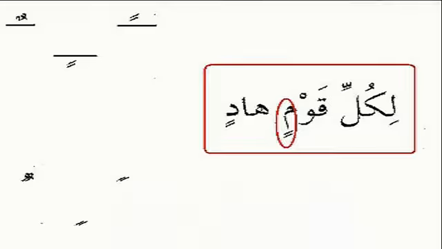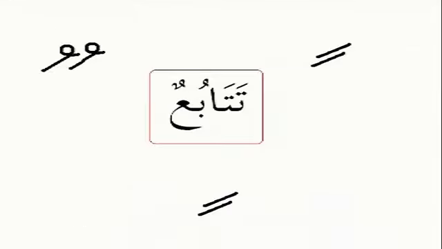This is called tatabu'. That is one fatha following the other fatha. Not being on top of it, but coming after it. Also kasra. Also dhamma. This means this idgham.